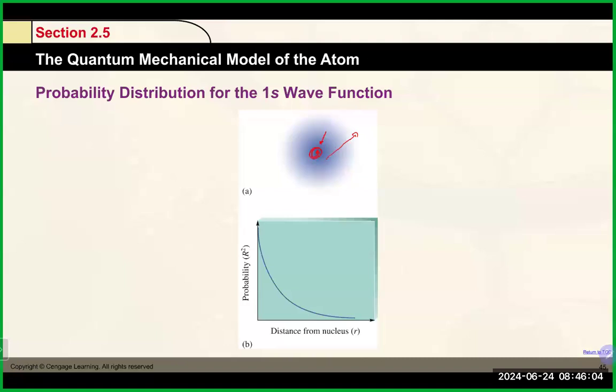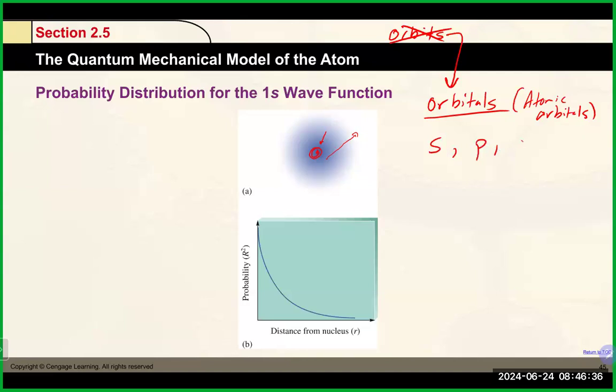Now, the other major idea as we move away from Bohr's model to the quantum mechanical model is that we no longer think of electrons being found in orbits. We transition to the idea that electrons can be found in what are known as orbitals, or atomic orbitals. There are a few different types of atomic orbitals that we come across, as you might be familiar with: s orbitals, p orbitals, d orbitals, and f orbitals.